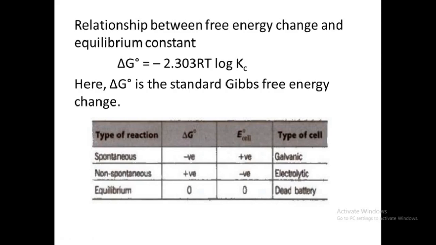That means the cell reaction does not take place by its own. For this type of cell, electrical energy is used to carry out the cell reaction. And when the value of E naught cell is 0, the cell reaction is in equilibrium and the cell will stop, and hence this type of cell is known as a dead battery.